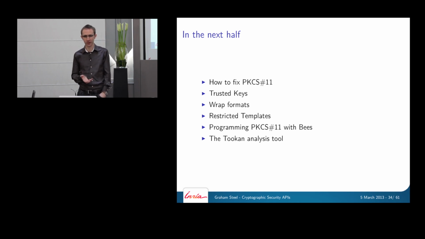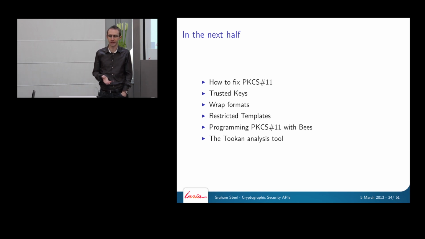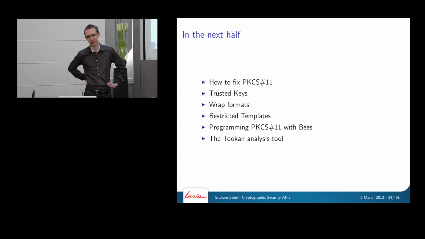So in the next half of the talk, I'm going to talk about how we can be saved. So how can we implement PKCS 11 in a better way so that we do end up with a secure setup? There are various ways that this can be done, involving things like trusted keys, additional wrap formats, restricting the set of templates in other ways.